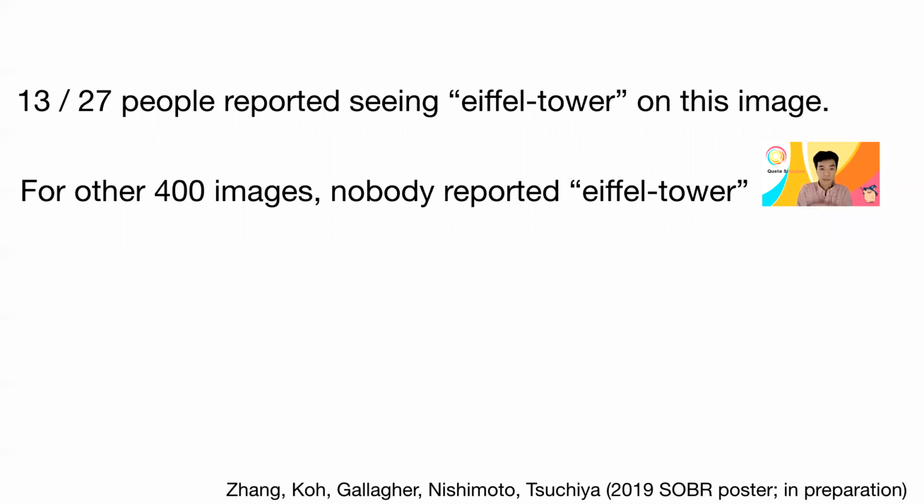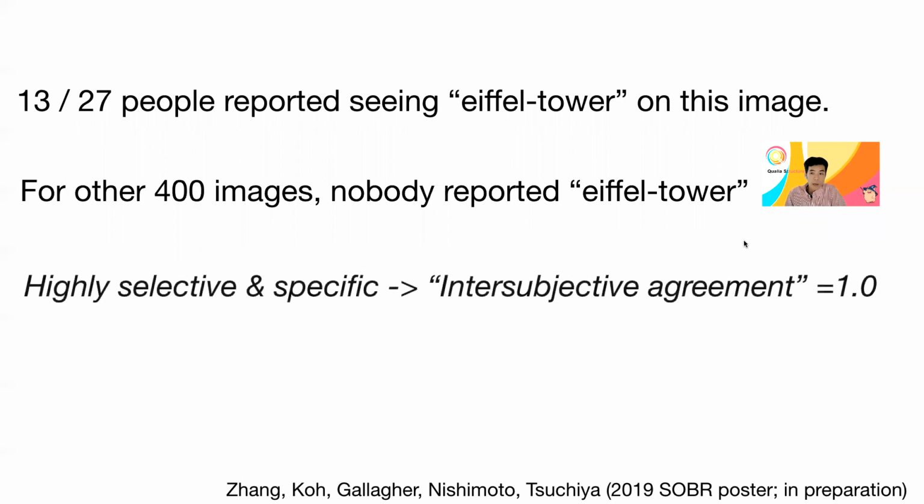It just happened to be the case that none of the images contained the Eiffel Tower. But it's also reasonably close to the actual probability of seeing the Eiffel Tower. Anyway, the important thing here is that the Eiffel Tower is only reported for this particular image and not for other images.